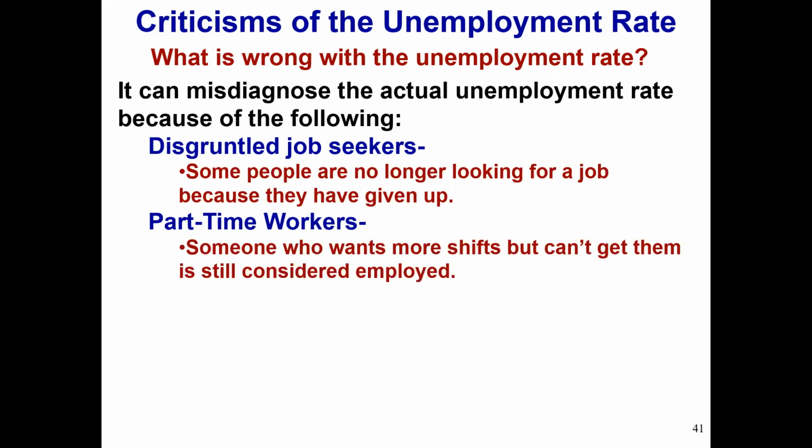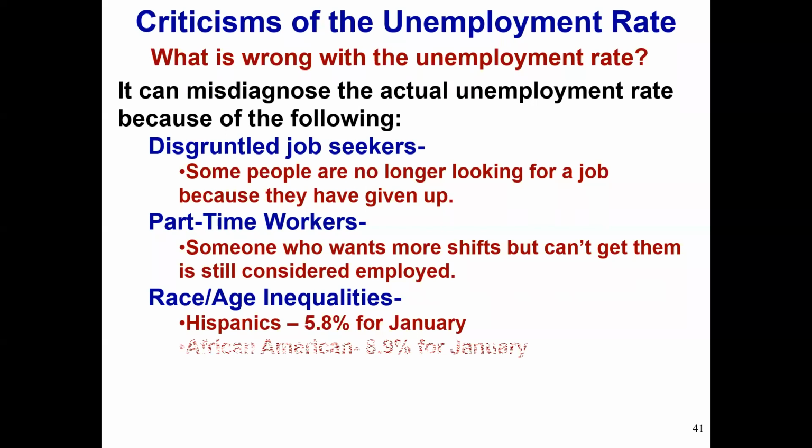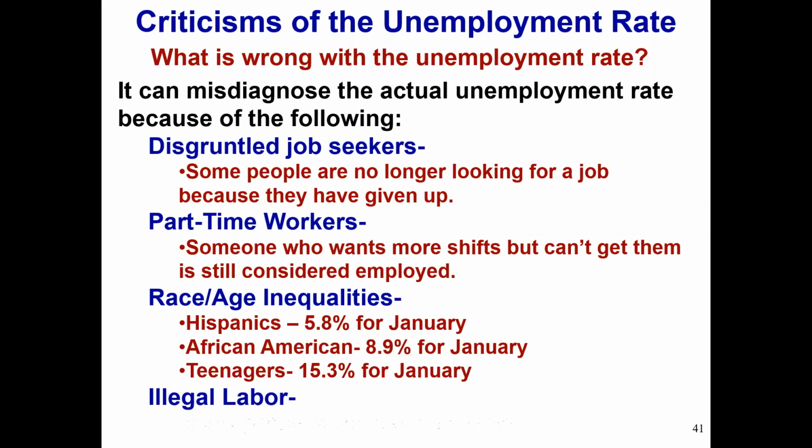Part-time workers looking for more work, considered employed, but they're not getting the hours they want. And then race inequalities. But the two real big criticisms are 1 and 2. And some people are considered unemployed, but they're working for cash, and so it's not recorded.